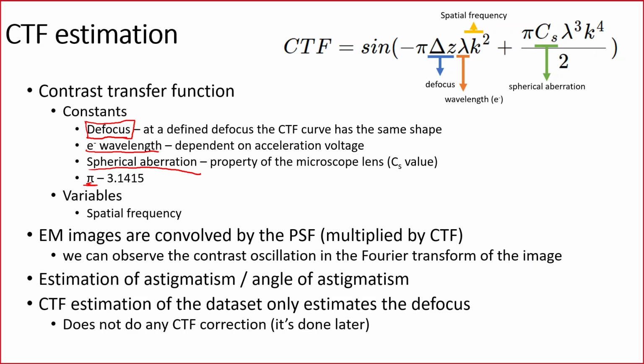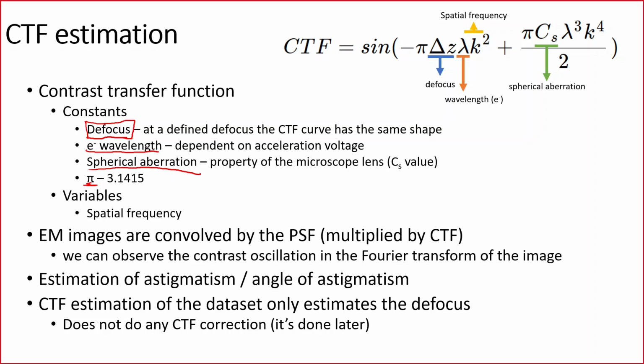We can do this very easily because we know that all our EM images that we've collected are convolved by the point spread function. Therefore, they are multiplied in the Fourier space by the contrast transfer function. And this contrast transfer function has an effect where we can see periodically missing information in the Fourier space, where the contrast transfer function has a zero crossing.